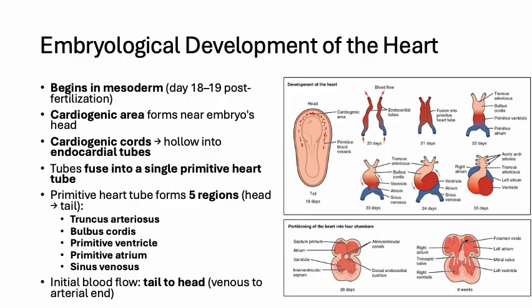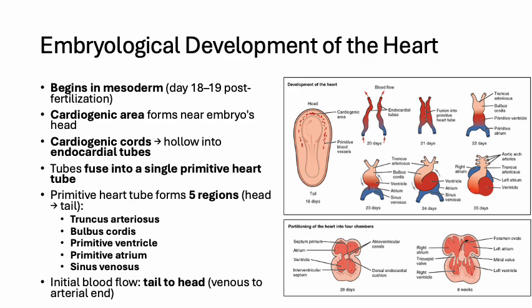Under the influence of signaling molecules from the endoderm, 2 strands called cardiogenic cords begin to take shape. These cords quickly hollow out, creating paired endocardial tubes, essentially the foundation of the heart. By day 21, those tubes fuse together at the midline, forming a single primitive heart tube.